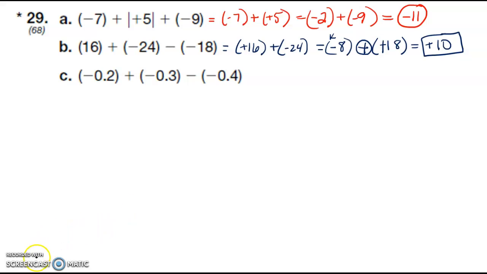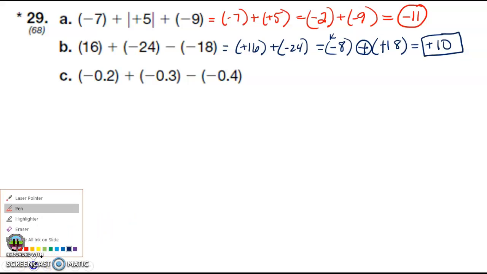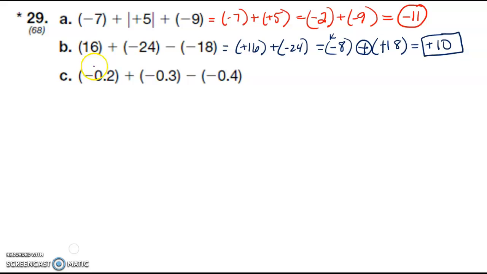Let me change colors. Okay, so here I have -0.2 plus -0.3. Same sign, so we're going to add them and get 0.5 and keep the sign. And then I'm going to bring this part down.